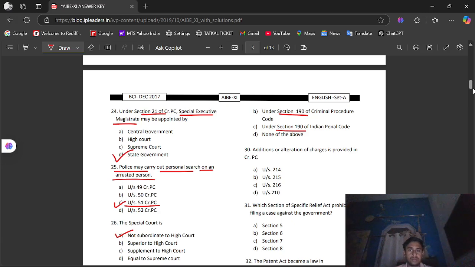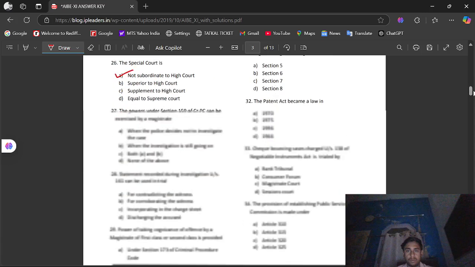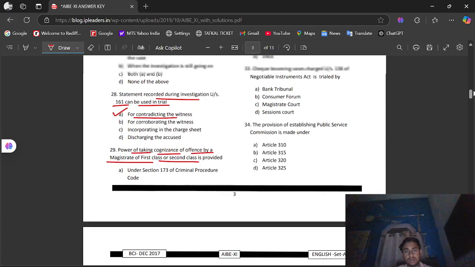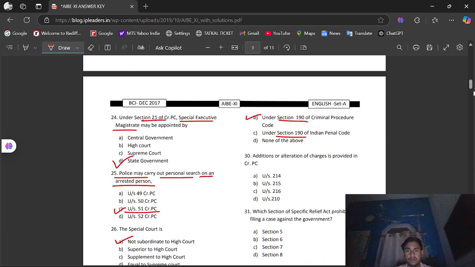The right option is option B, which is under section 190 of Criminal Procedure Code. So, power of taking cognizance of offence by a magistrate of first class or second class is provided under section 190 of Criminal Procedure Code.